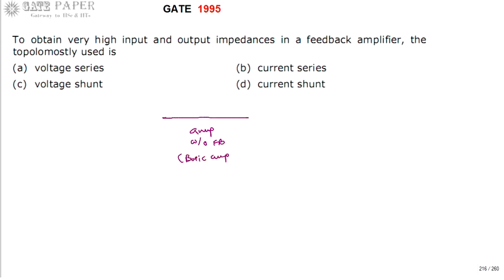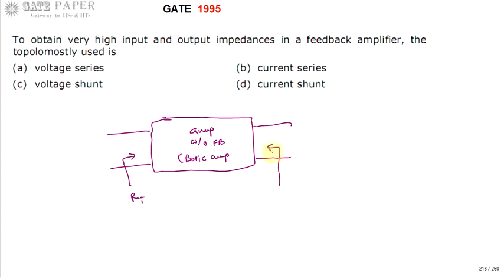For that basic amplifier, this is the input side and this side is the output. Looking into the input side gives Ri, the input impedance of the basic amplifier without feedback, and looking into the output terminals gives the output impedance without feedback.